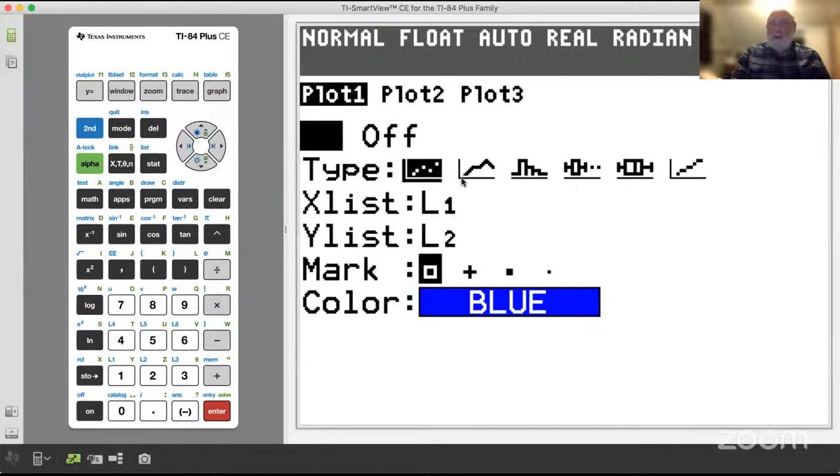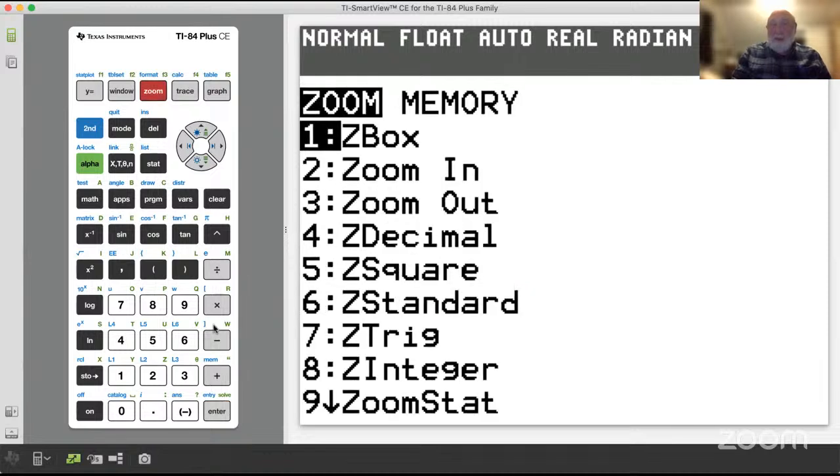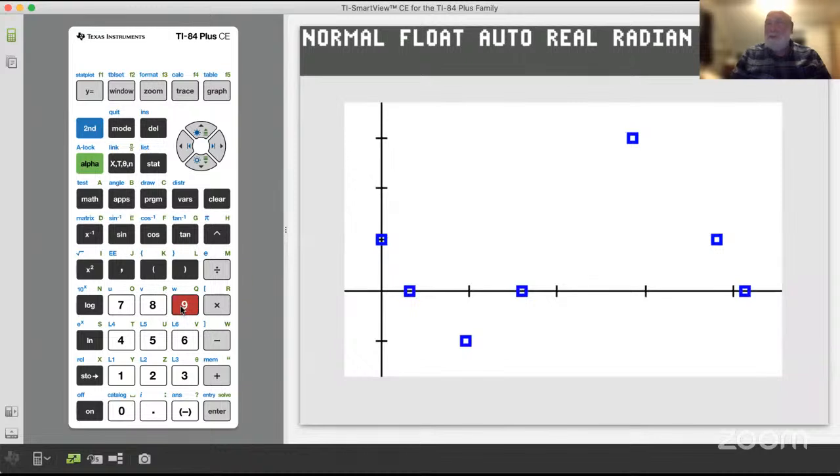Turn that on. It looks like it's set up the way I wanted, with the first two lists, L1 and L2, by default. To graph it, let me go into the zoom menu and do zoom 9, which is zoom stat. And there are those points plotted.